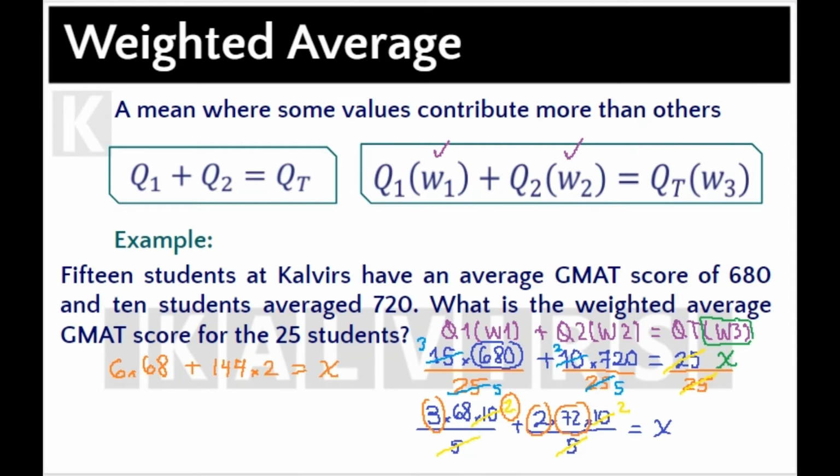We get here 804 plus 288 equals x. Finally x equals 696.